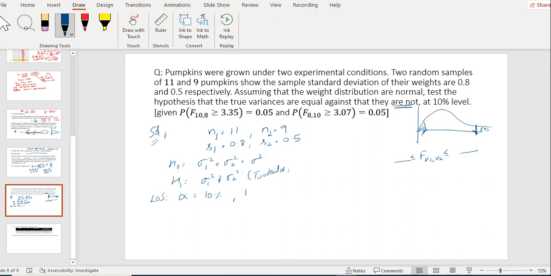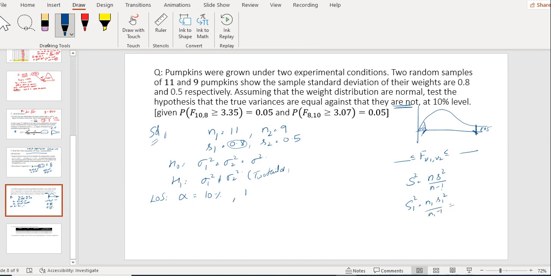So firstly we need to see which one is greater, s1 or s2. It is clearly visible that s1 is greater than s2, but we need to calculate capital S. So what is the relation? Capital S square is n times small s square upon n minus 1, right? So what is capital S1 square? n1 s1 square upon n1 minus 1.